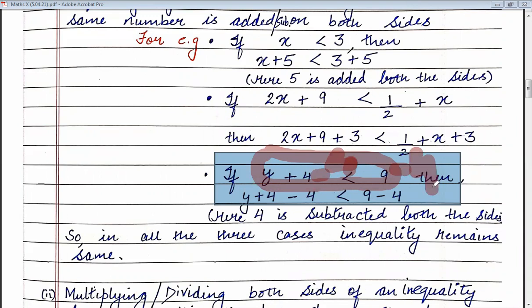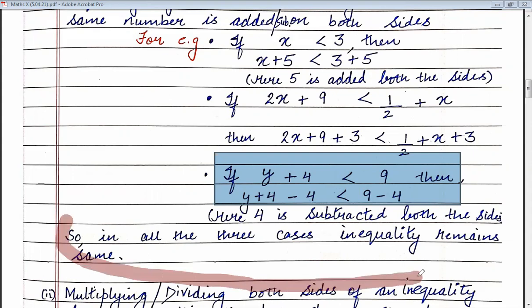So I have subtracted 4 on both the sides and my inequality remains the same. Here I am having the less than sign only. So your inequality remains the same and it will be y plus 4 minus 4 is less than 9 minus 4. So I guess children, you will remember this thing that your inequality remains the same when you are adding or subtracting the same number on both the sides.